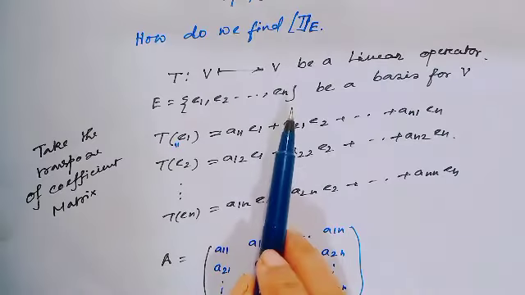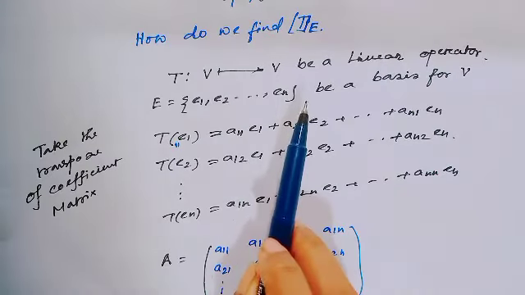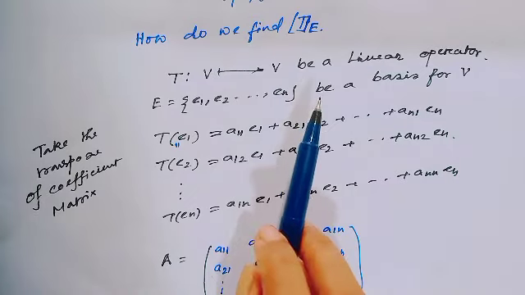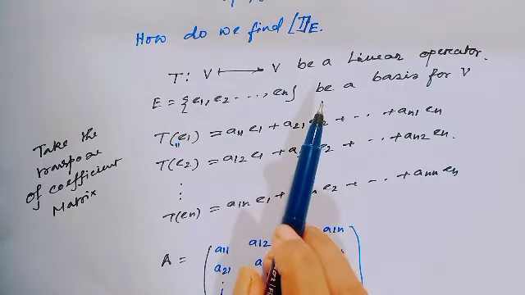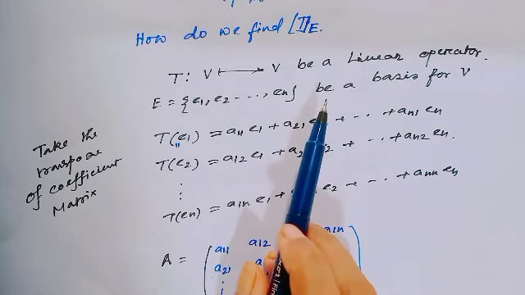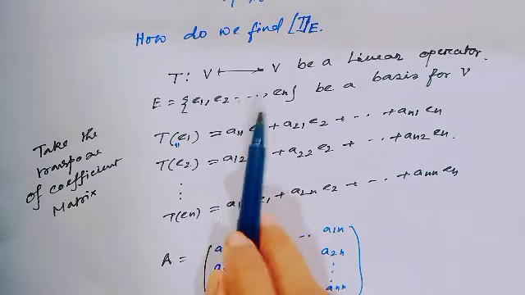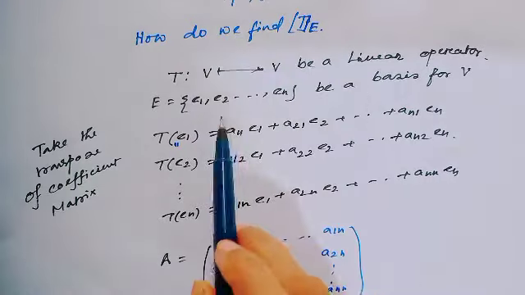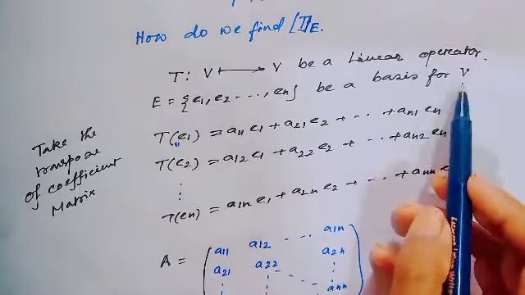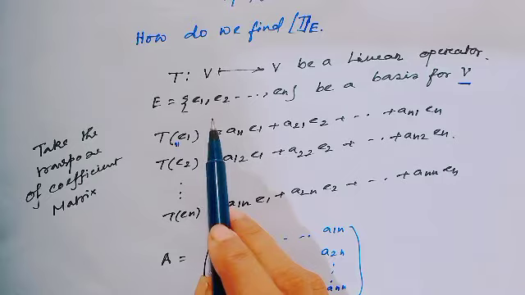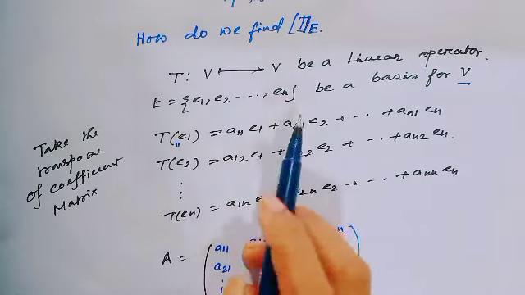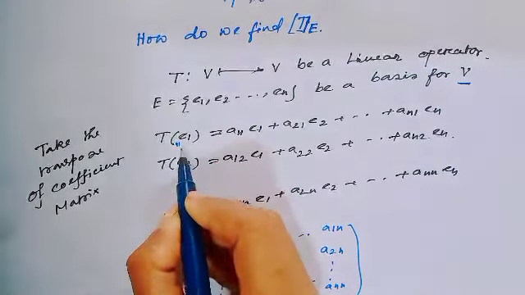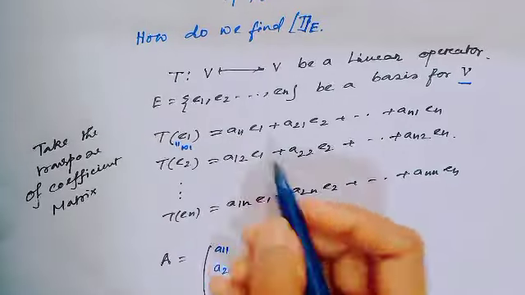Now let's see how we find the transformation with respect to a basis. For this, consider a linear operator T from V to V and consider a basis for the vector space V such as e1, e2 up to en. Then T e1 equals, obviously, w1.